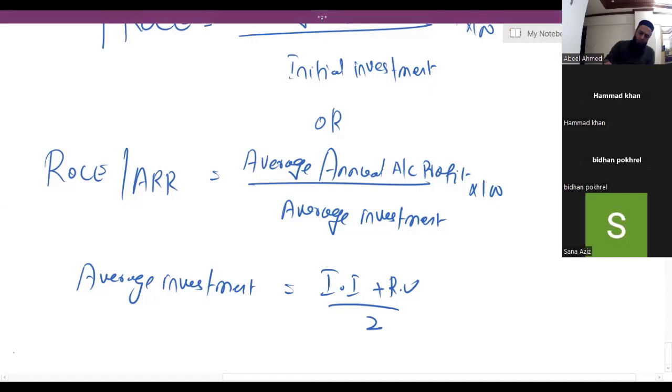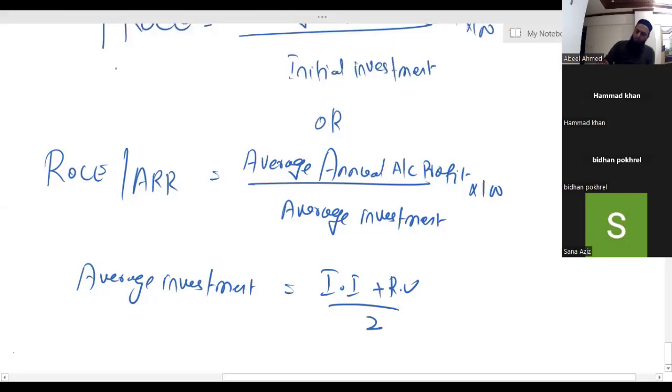So let's see what is the average annual accounting profit. I have a question. Accounting profit itself has several definitions. Gross profit is an accounting profit. Operating profit is an accounting profit.